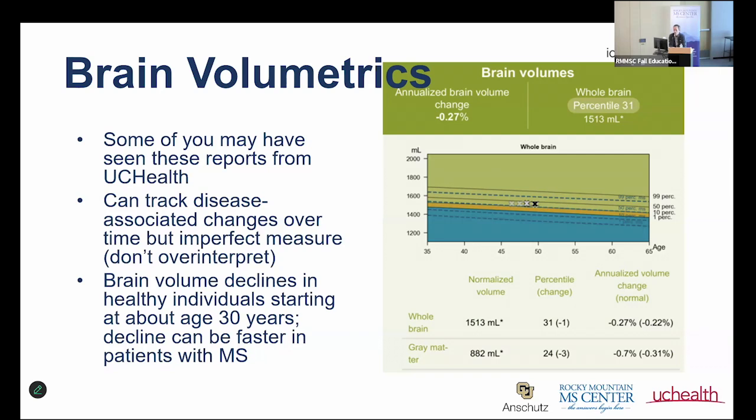We have looked at brain volume as a tool for tracking MS disease for decades, essentially. We know that the brain will decline at a certain percentage in volume, unfortunately, for all of us, even if we're perfectly healthy, once we're over 25 or 30. But in some cases with MS, that decline will be faster. So this can help us. You can see a graphic there where we can track over time what this looks like. And this is set up with AI tools.